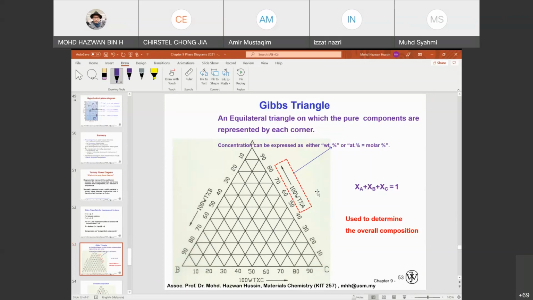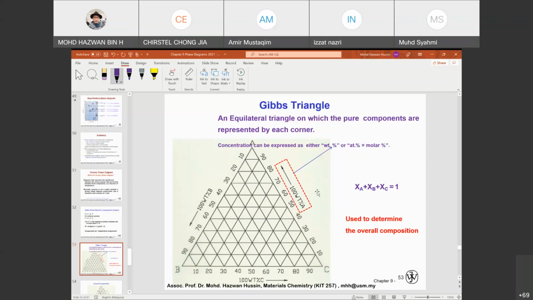For example, if you have an alloy that is formed with three elements, such as stainless steel, you can have iron, and apart from iron you can have chromium, and apart from chromium you can also have nickel and so on.